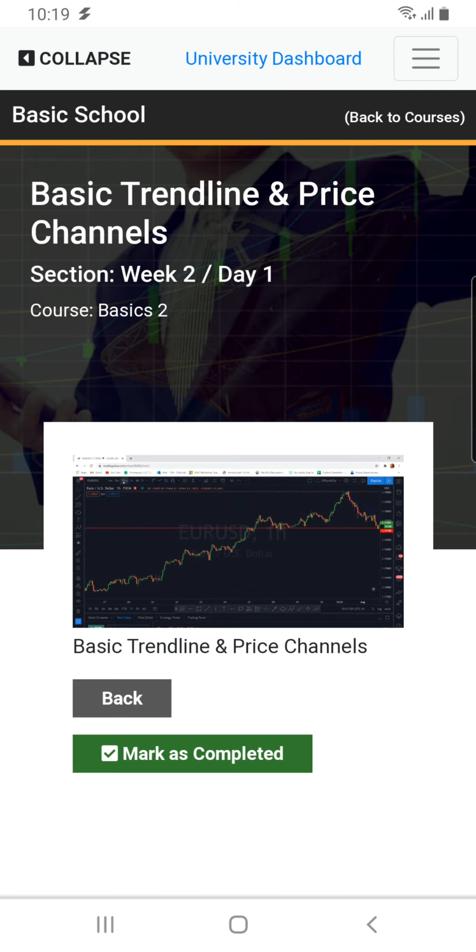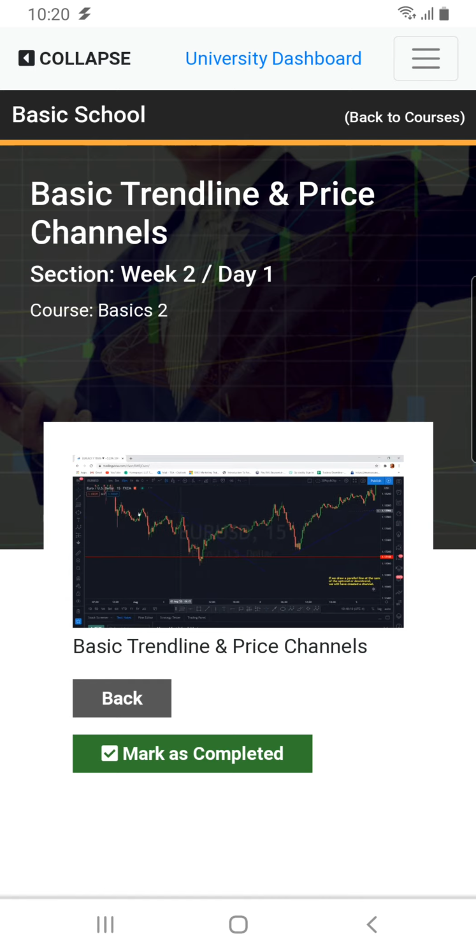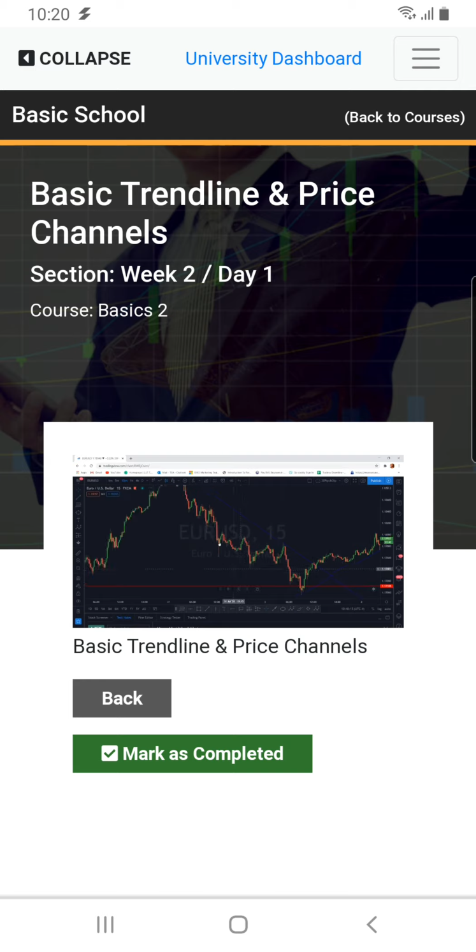Remember, you can do this on any single time frame. Small uptrend here. All right, 1, 2, 3 touches.